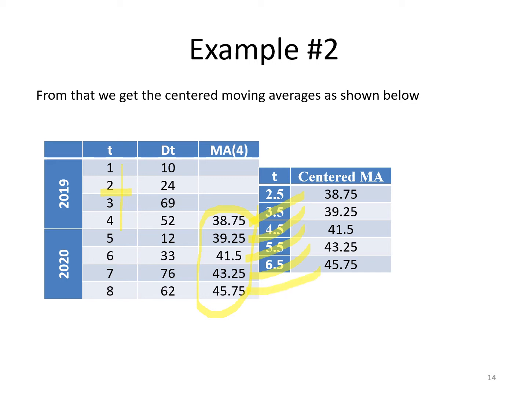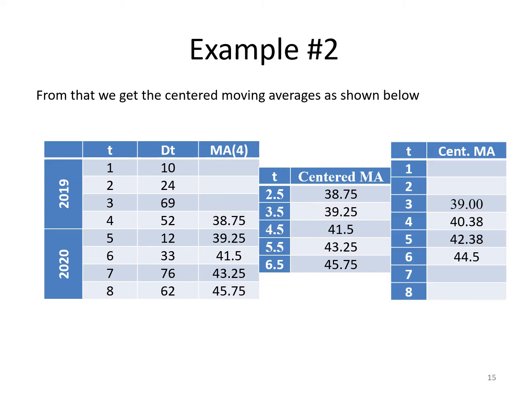Next, we will see how to re-centralize these values to put them exactly on a specific index for t. Now, what happens here is, if we take the average value of these two centered moving averages, we will get the value of 39.